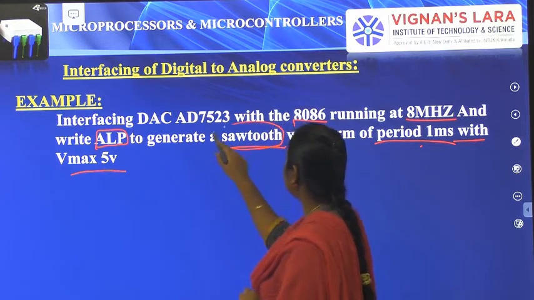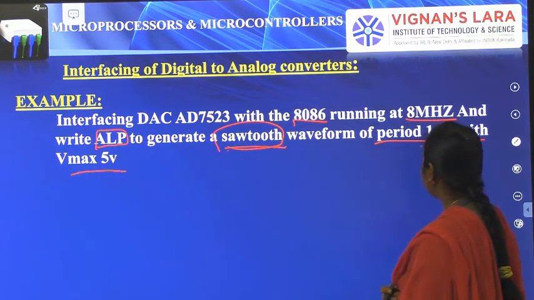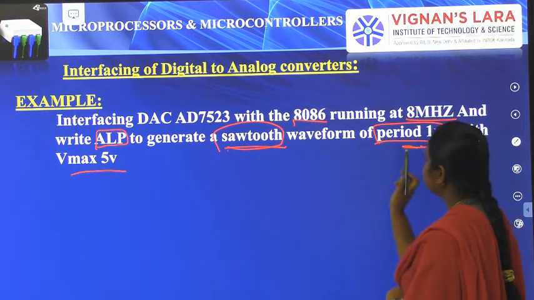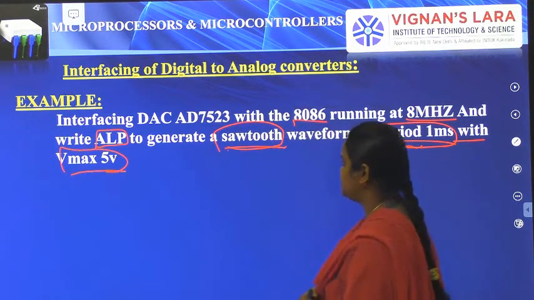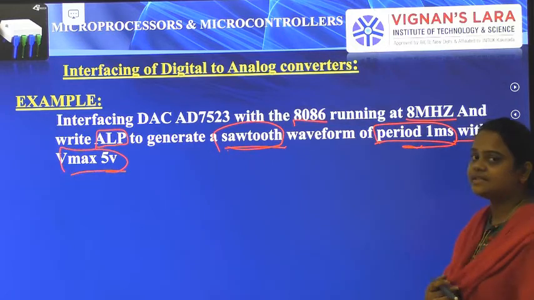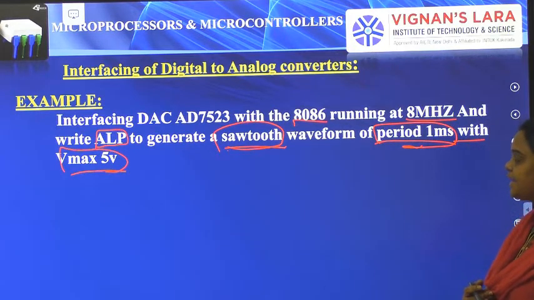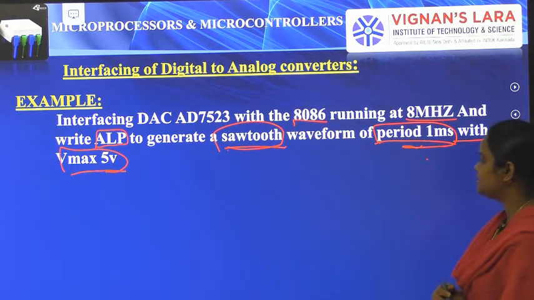A sawtooth waveform means an analog waveform of period 1 millisecond with a maximum voltage of 5 volts. So we are going to write the assembly language program for getting the analog waveform from the digital input.